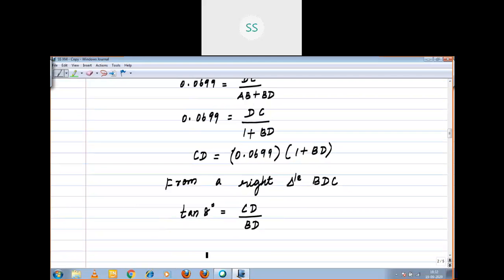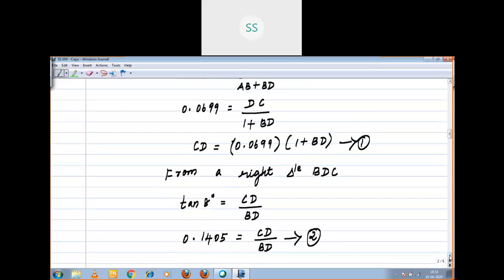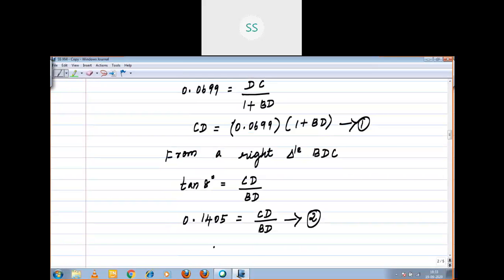Now, which right triangle am I going to consider? Right triangle BDC. Again, tan 8 degrees equals the same CD divided by BD.